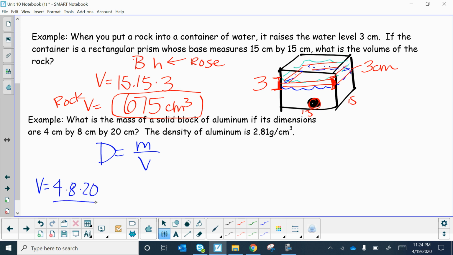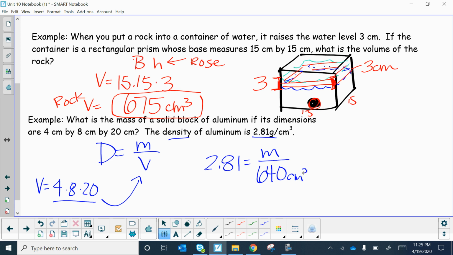And then that gets plugged into the formula. And then we know the density that'll get plugged into density. So we're going to write 2.81 equals mass over 640, because I just multiplied 4 times 8 times 20. Okay, and so that's centimeters cubed.